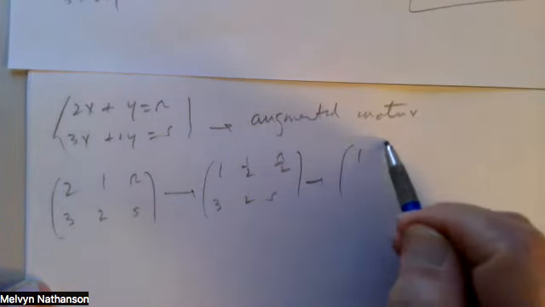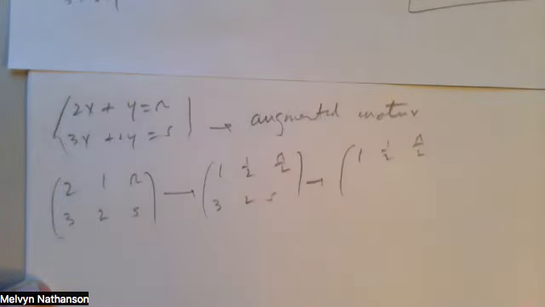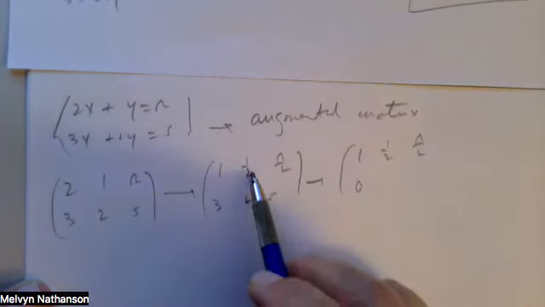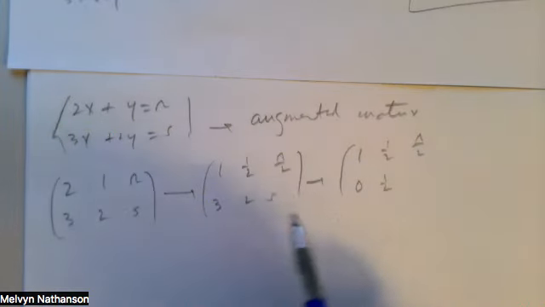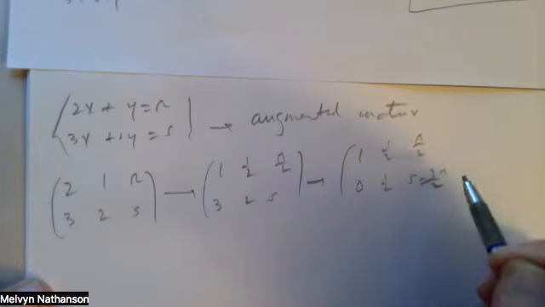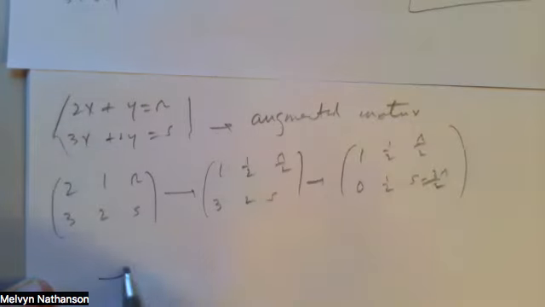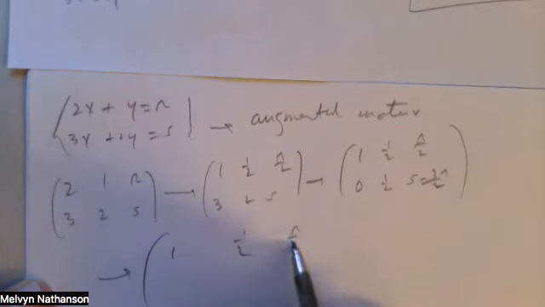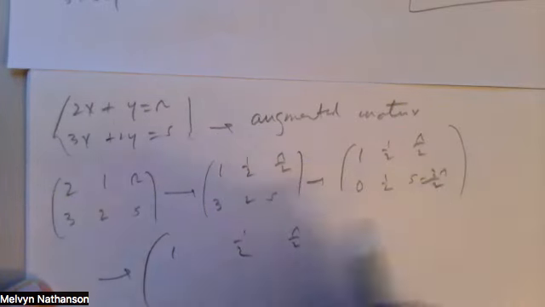I can then take the second row minus 3 times the first row. 3 minus 3 is 0. 2 minus 3 halves is a half. S minus 3R over 2. I can then multiply the second row by 2.